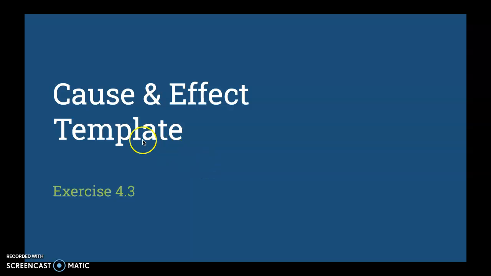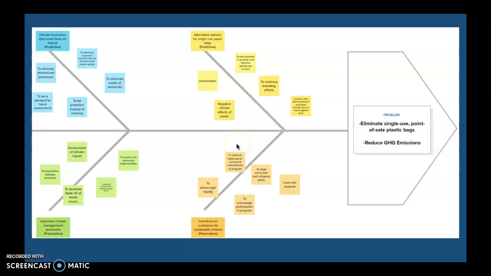So for exercise 4.3, we're going to look at the cause and effect template. As we can see, this is the fishbone template, and the 2 predictive are climate scenarios that could have impact, and as we can see, the different effects of this.